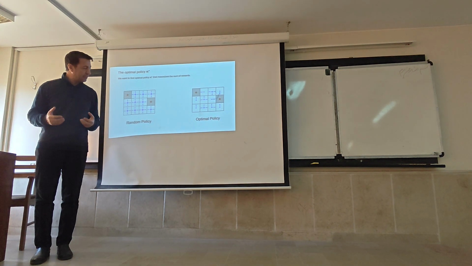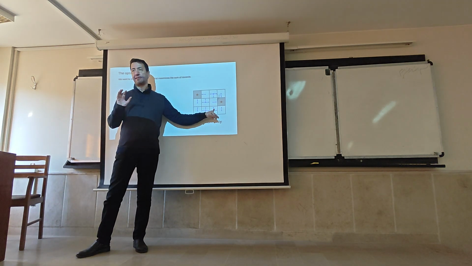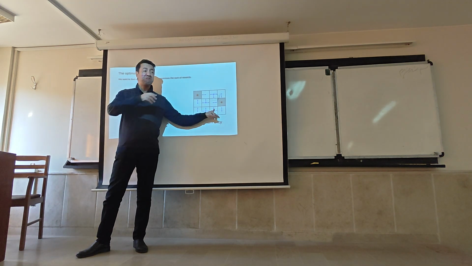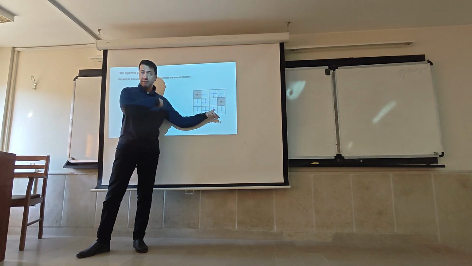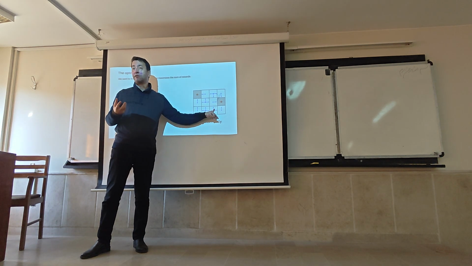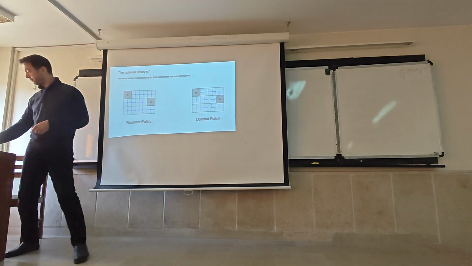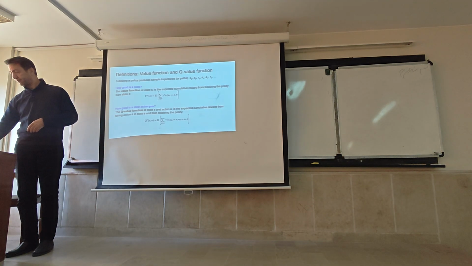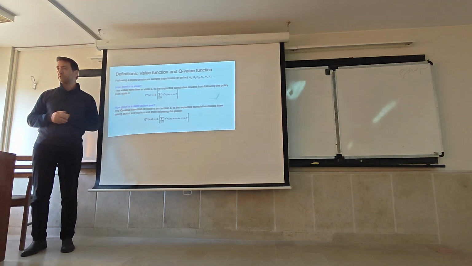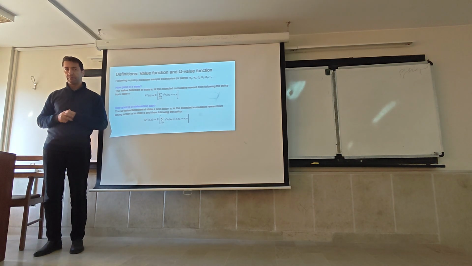That's our policy. So what's the value function? The value function says, for example, we are in this state and we follow this policy. What is the expected total reward we may achieve? It returns us the total of rewards. That's the value function. And what is the Q value function?